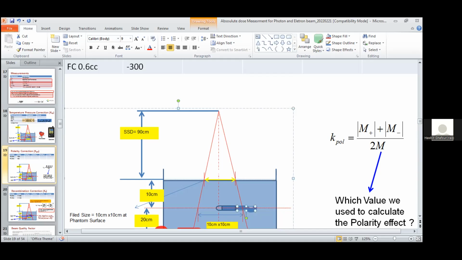Another question. If I use a semiflex instead of a Farmer for reference dosimetry, do we have to change the kQ, or divide by the kQ of the Farmer? If you explain this for me, I appreciate it. Oh, okay. So yes, if your chamber is directly calibrated, I can show you. Just give me a second.